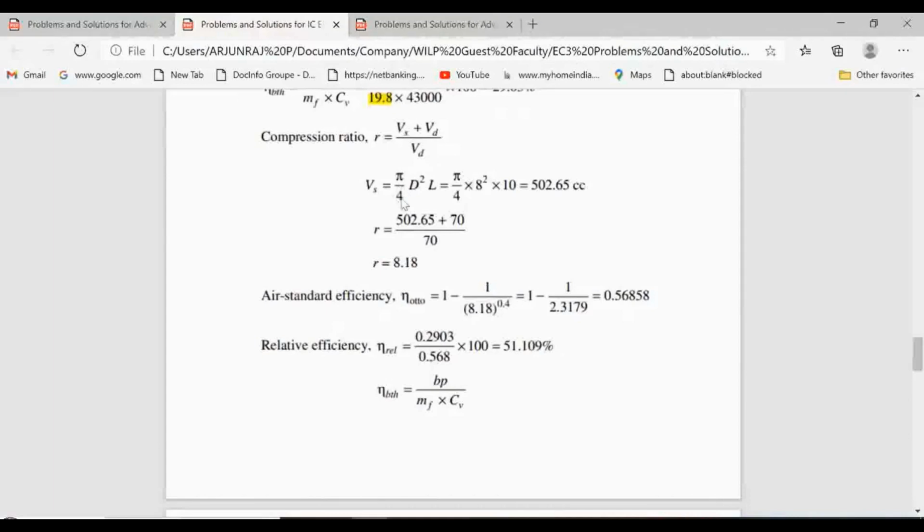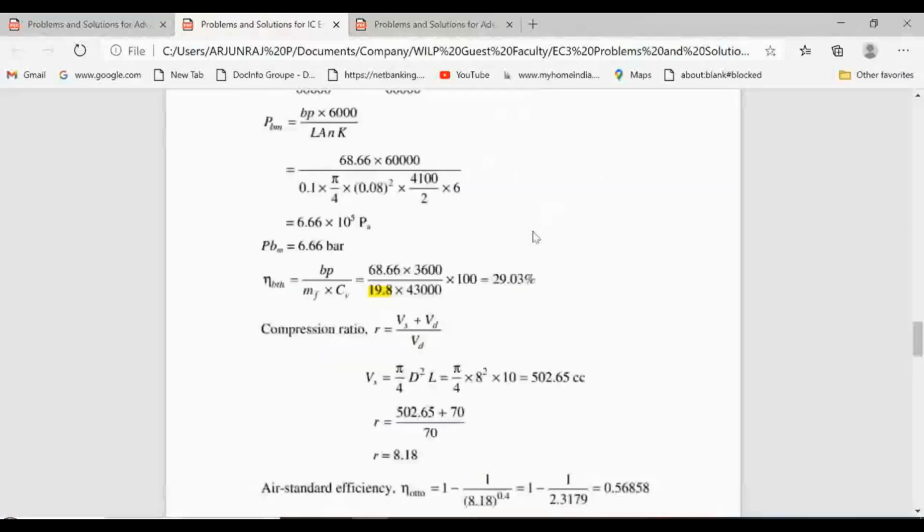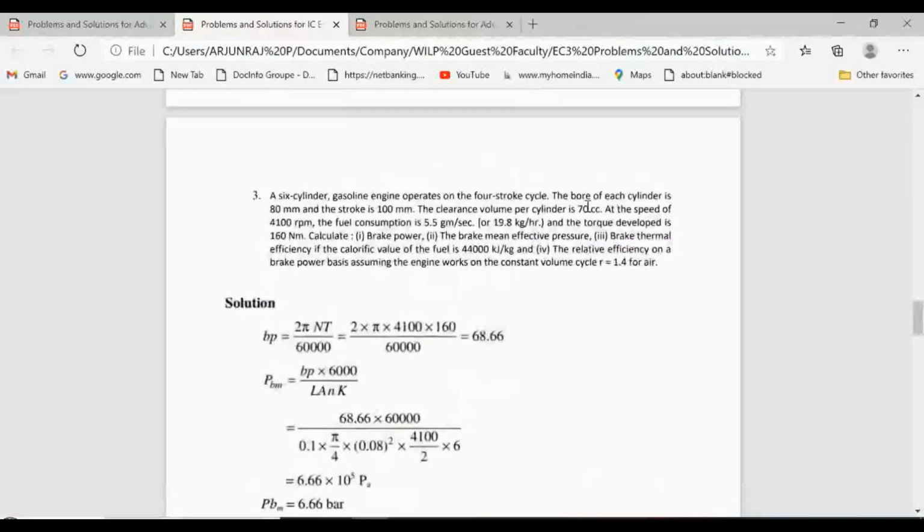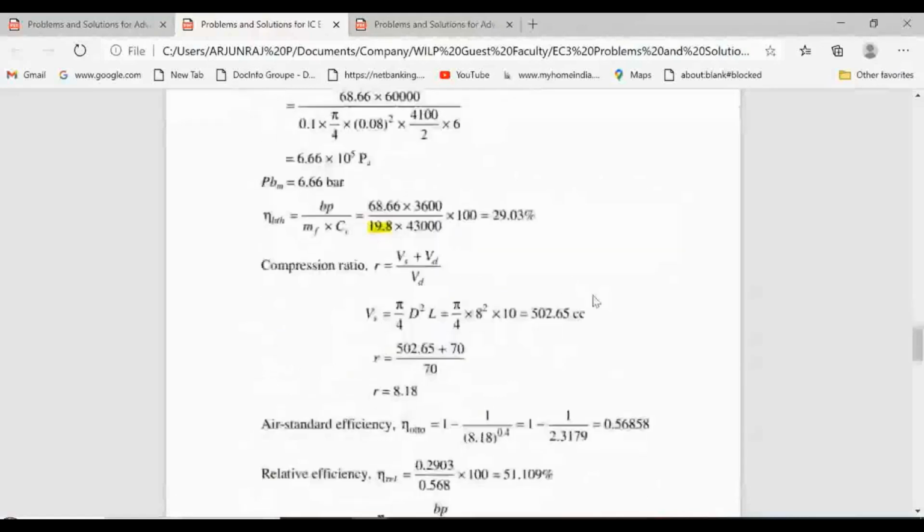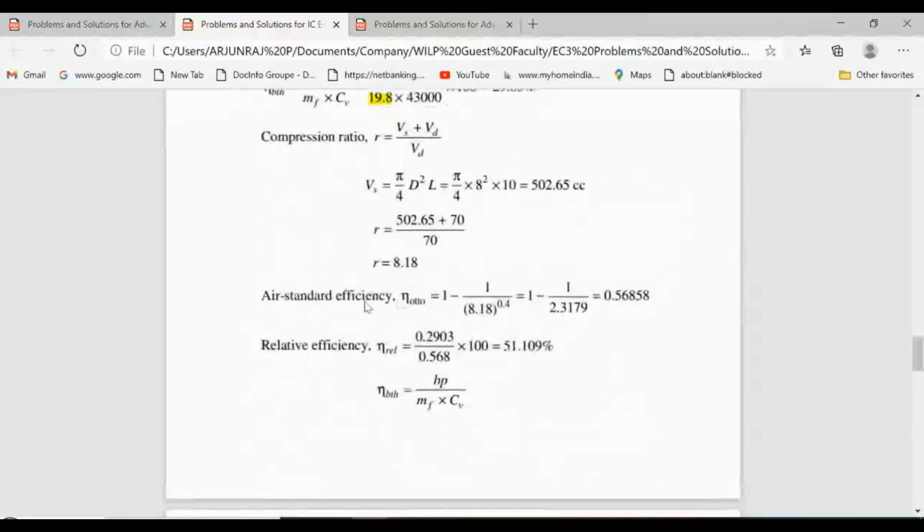Stroke volume is nothing but pi by 4 d square L, which is the cubic capacity, so you get 502.65, and the clearance volume is given as 70 cc. They gave the clearance volume in the problem, which is nothing but 70 cc. So when you use the formula 1 minus 1 by r power gamma, you get 56.8 percentage, which is the air standard efficiency using the direct formula.